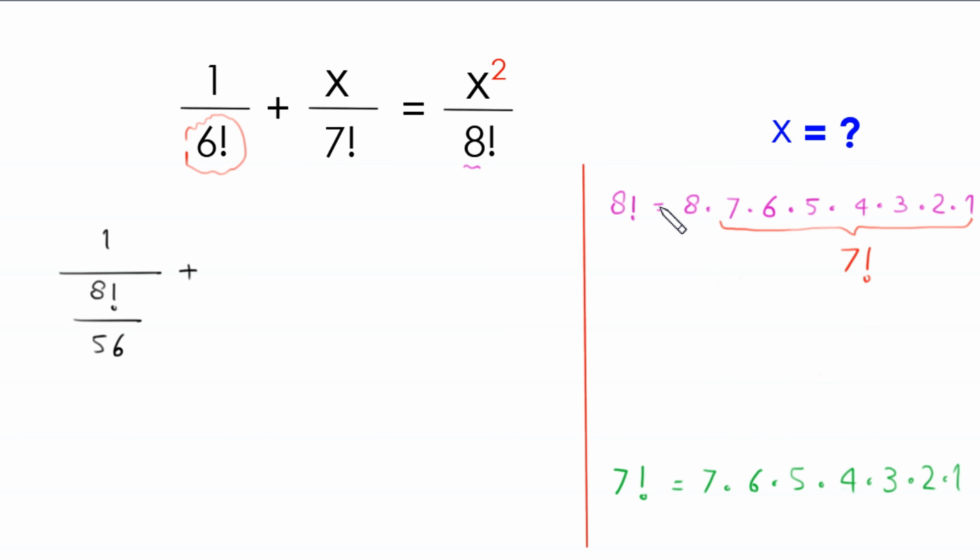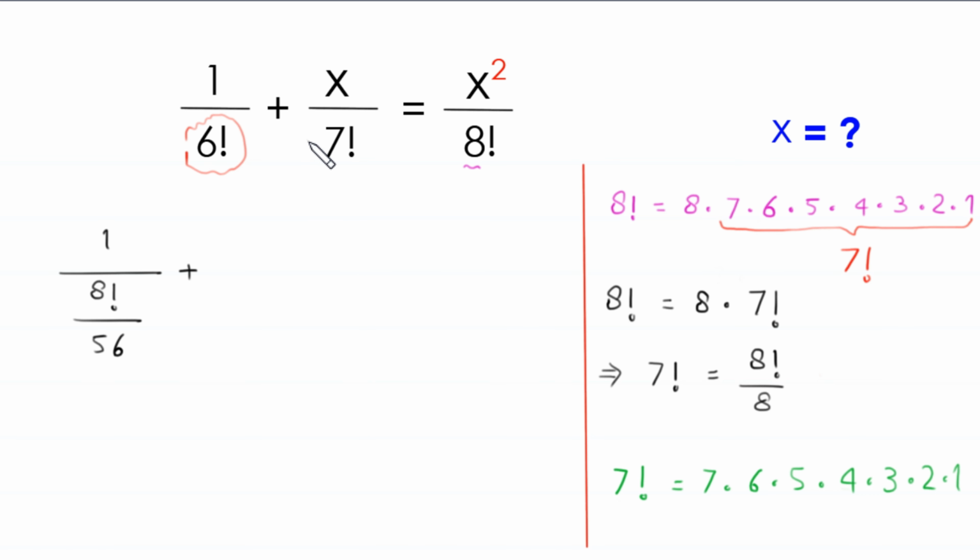So we can rewrite 8 factorial as 8 times 7 factorial, and if we divide both sides by 8, this implies that 7 factorial is equal to 8 factorial over 8.